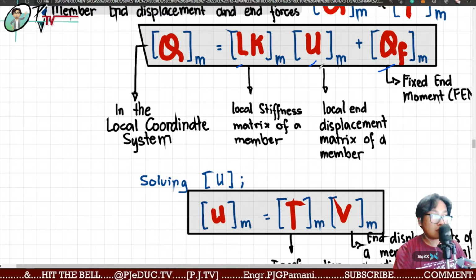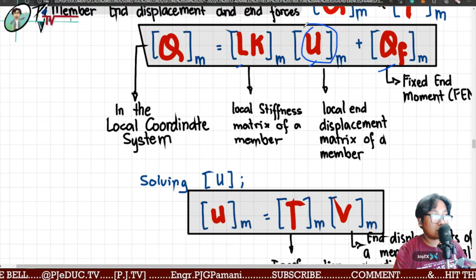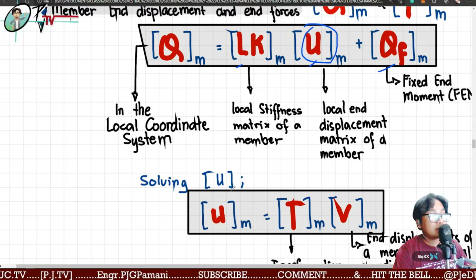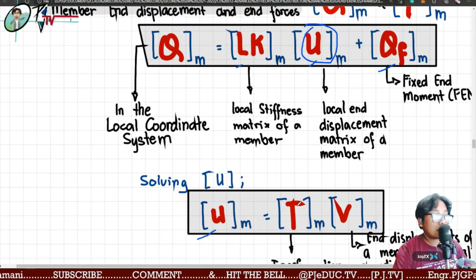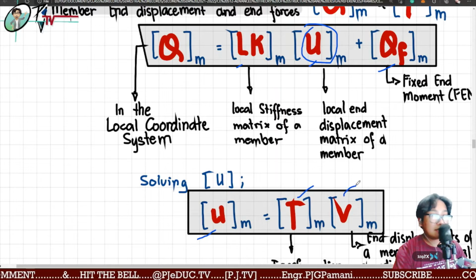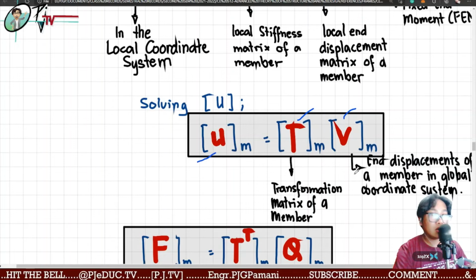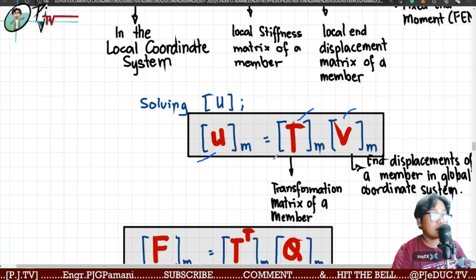How do we solve for the end displacement on local coordinate system? The end displacement on local coordinate system is basically, again, the transformation matrix of the member times the end displacement of the member on its global coordinate system. Parang yung truss, ganun pa rin.